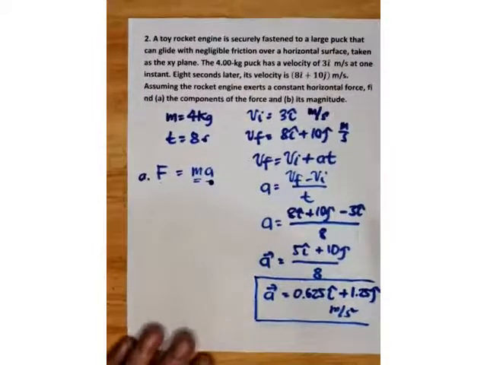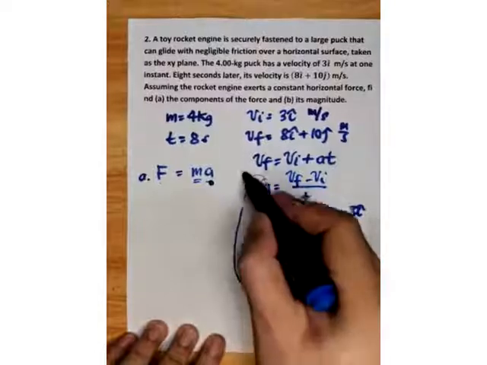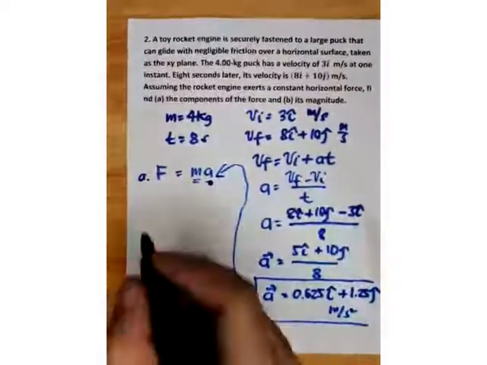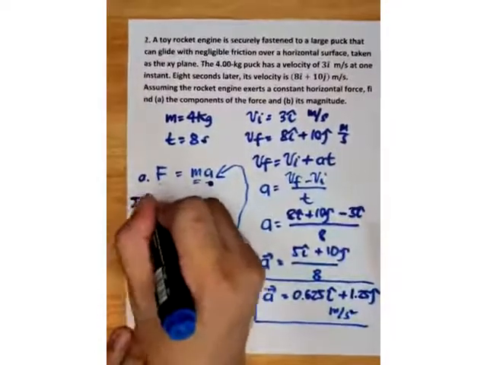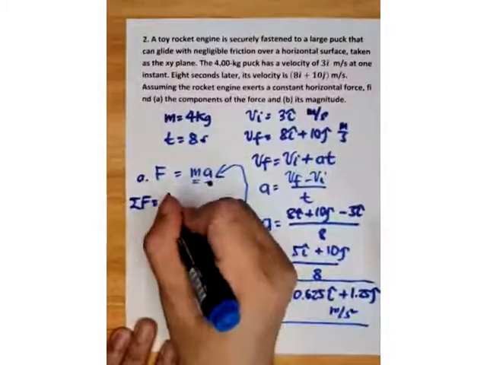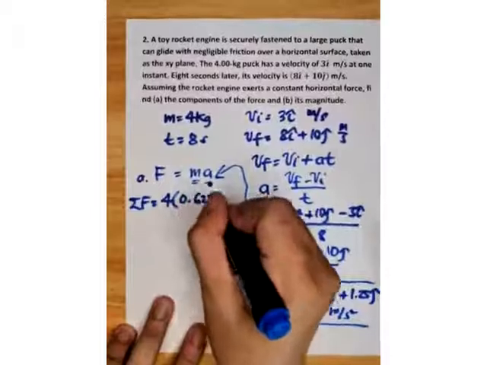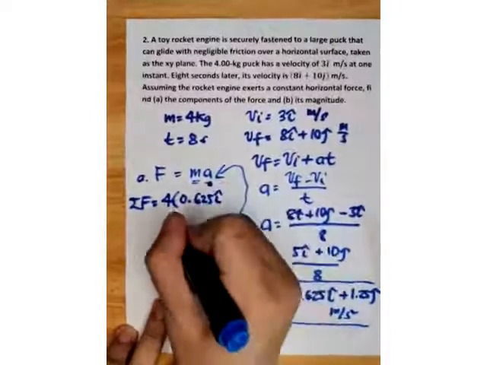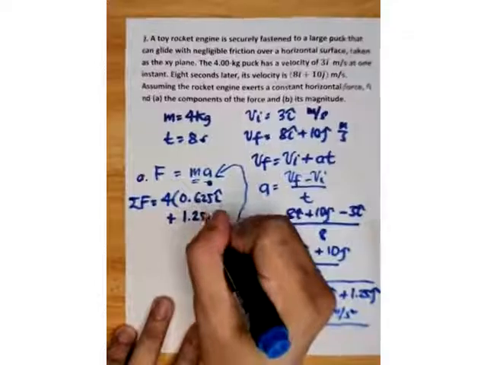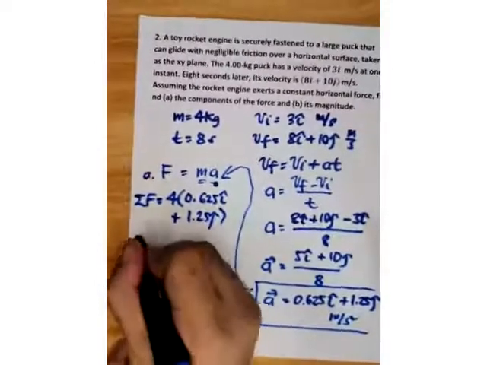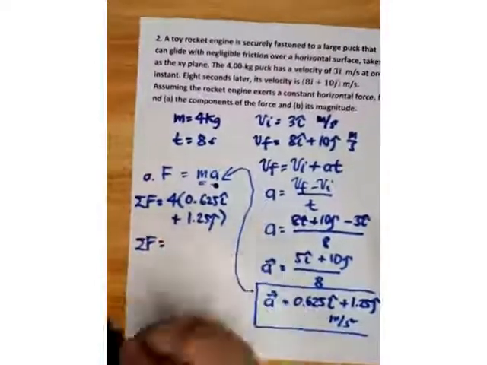And then after we found the acceleration, we will just apply it to our formula. Therefore, the net force is equal to the mass, which is 4, times 0.625i hat plus 1.25j hat. So what's our net force?